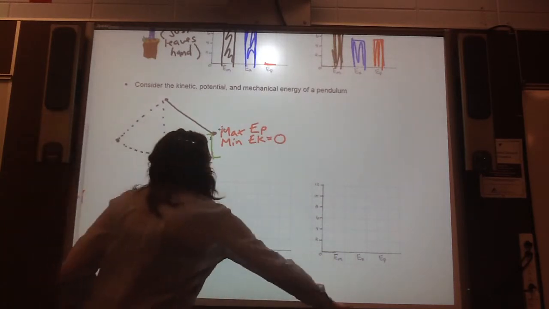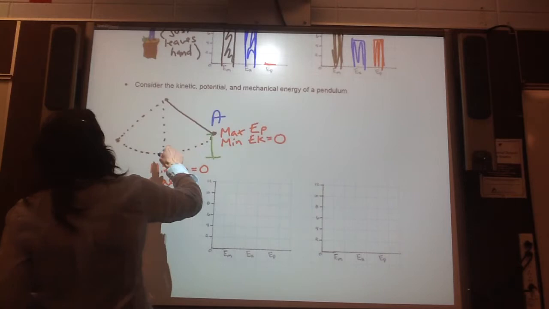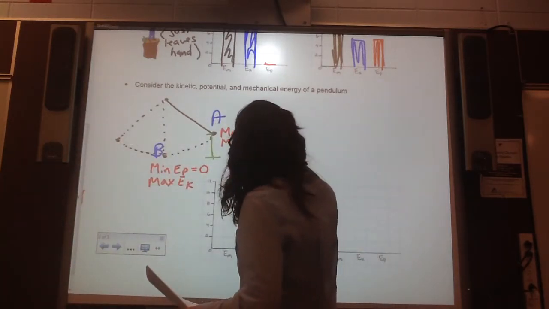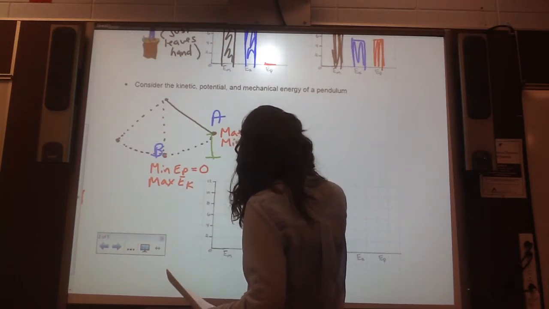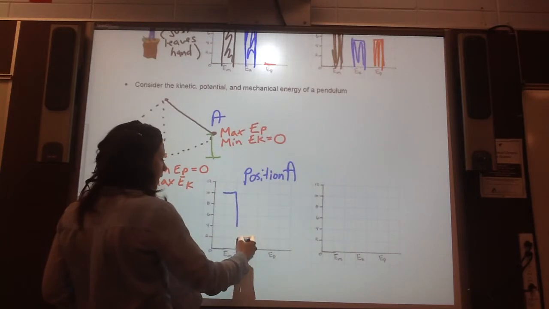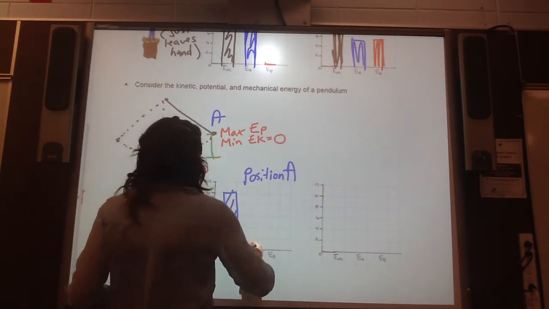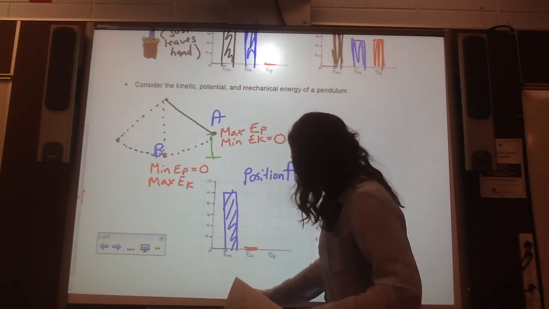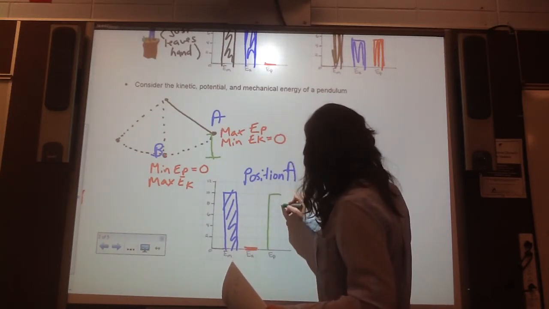Okay, so let's say this is position A, and this is position B. So position A: again, let's set EM to 10. EK will be 0, and EP will be 10.